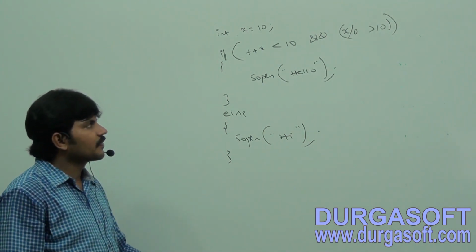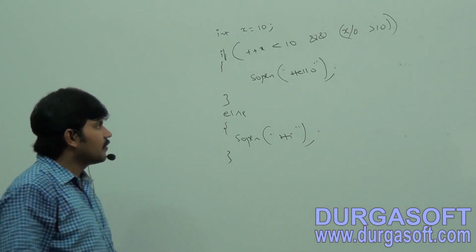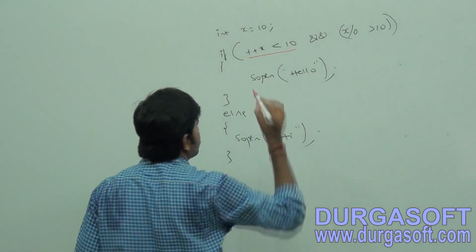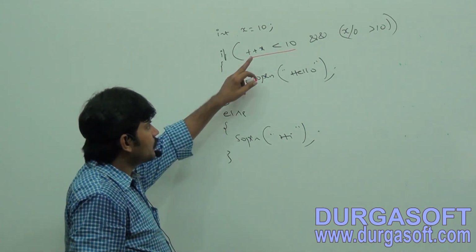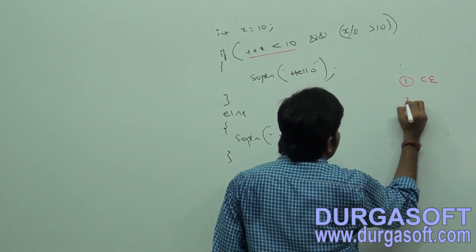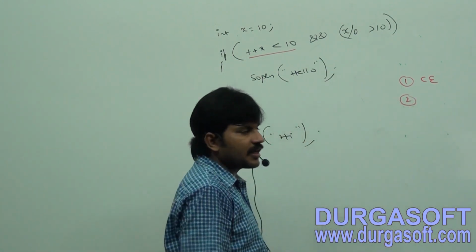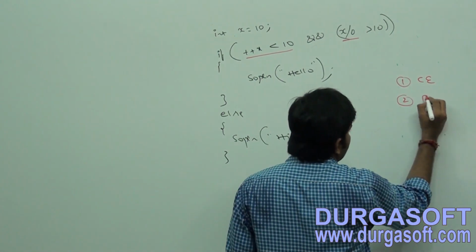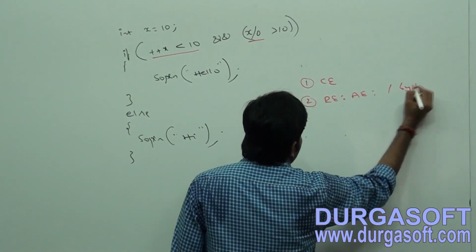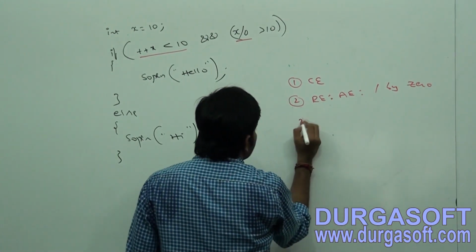Hello, hi. Now can you tell what is the answer we are going to get by default? Here just observe. First option, compile time error. Second option, runtime exception, arithmetic exception, division by 0.